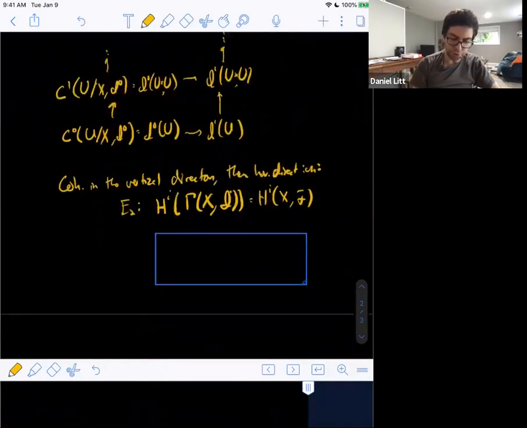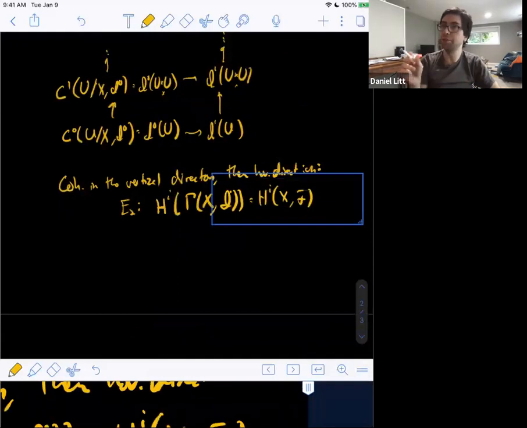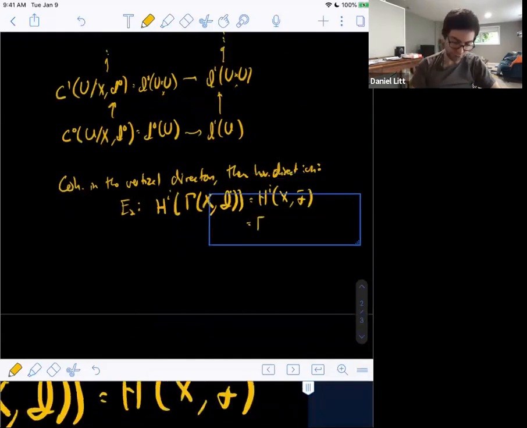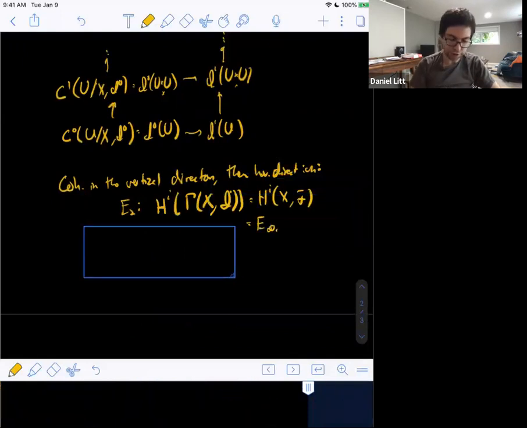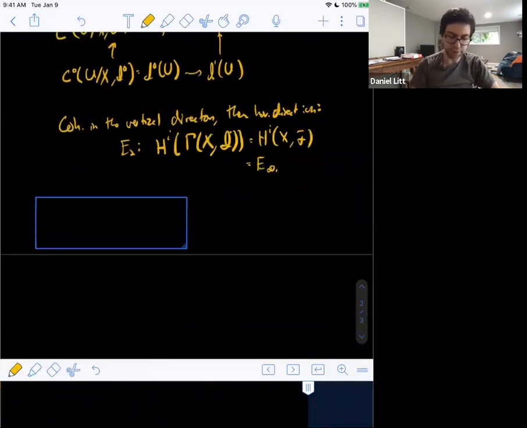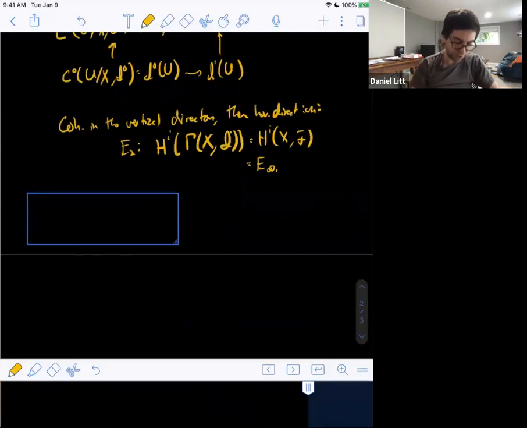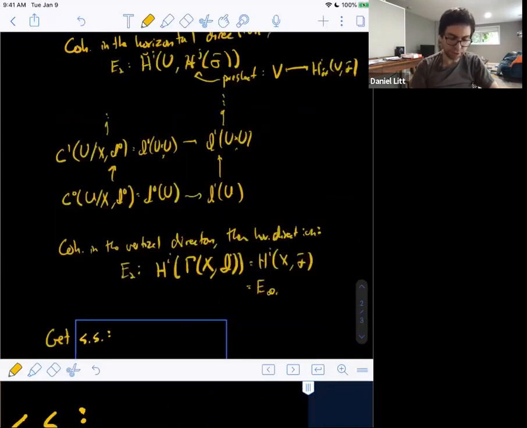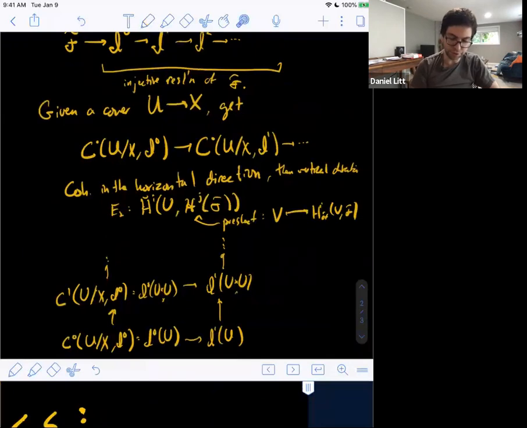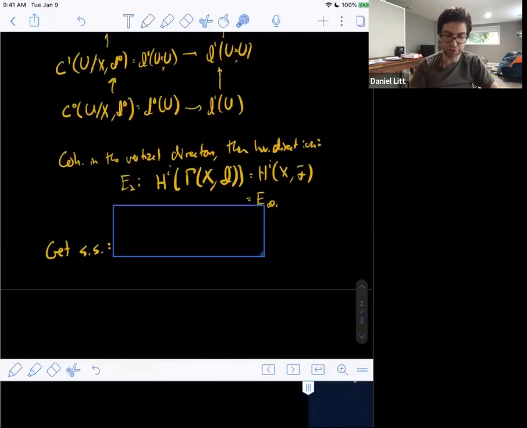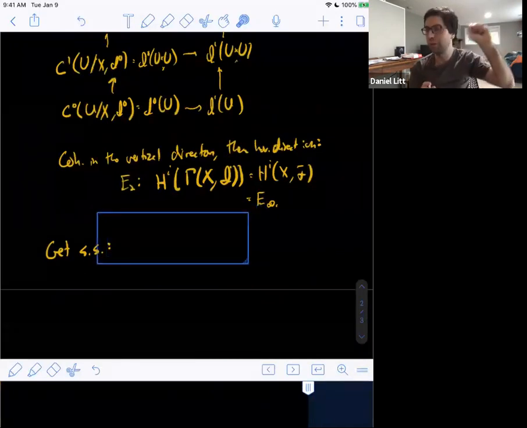Okay, so this spectral sequence degenerates because we just get entries in one row. So this is also equal to the infinity page. Both of these things have the same E-infinity pages. So that tells us we get a spectral sequence. In particular, the spectral sequence of this double complex, when you take cohomology in the horizontal direction and then the vertical direction, I don't remember whether that's 2,1 or 1,2.